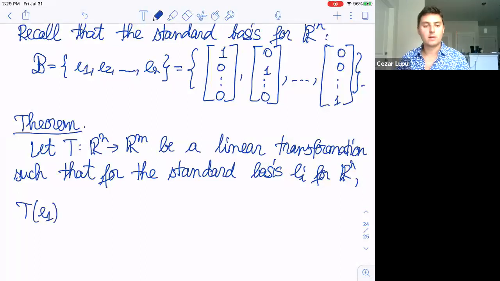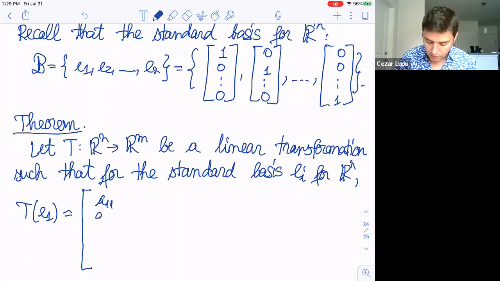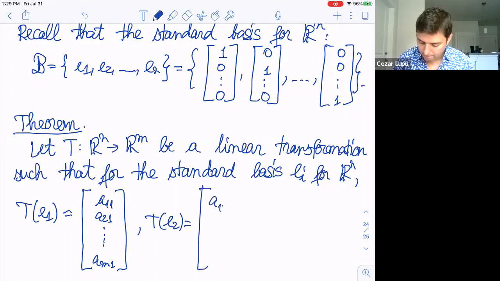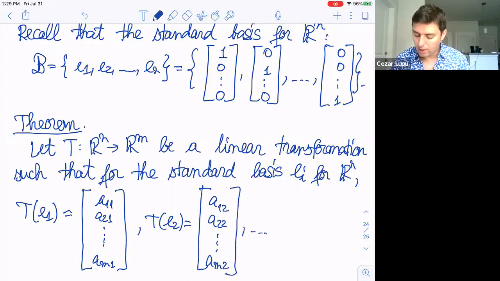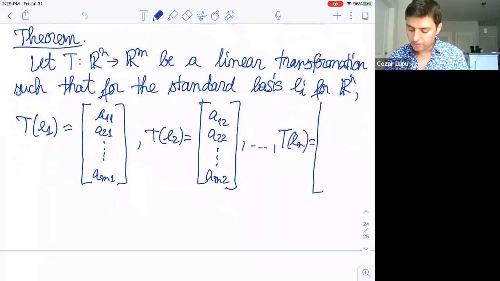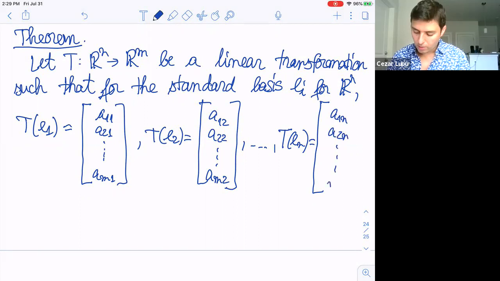We apply this linear transformation to the first vector. T of e1 will be sent into these elements: a11, a21, am1. As you can see, this will be the column of the matrix. Then T of e2 will be a12, a22, am2. And we go all the way to T of en, which will be this vector a1n, a2n, and we go all the way to amn.